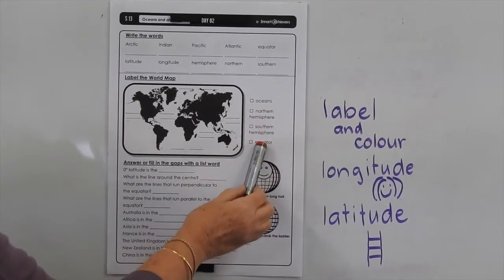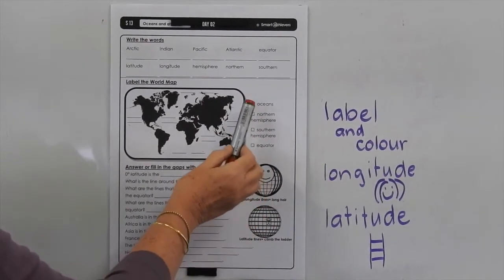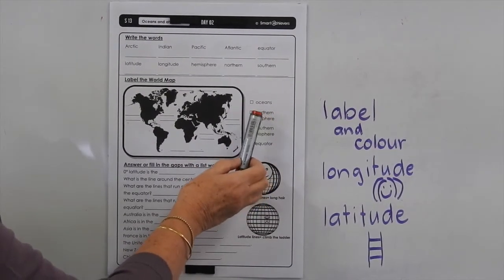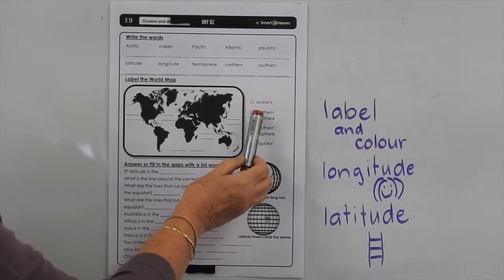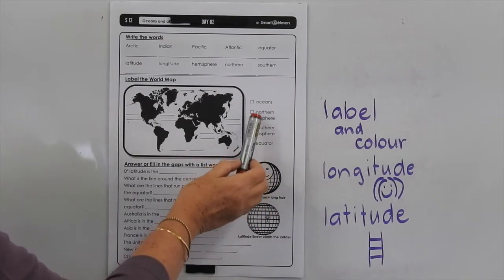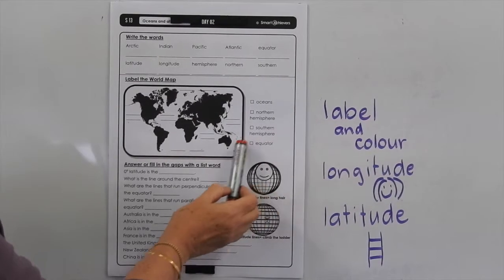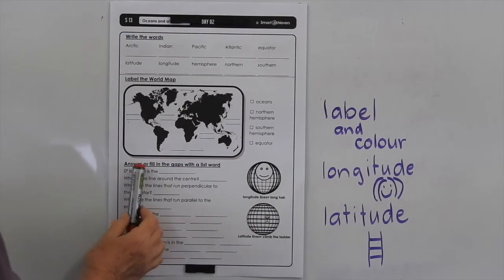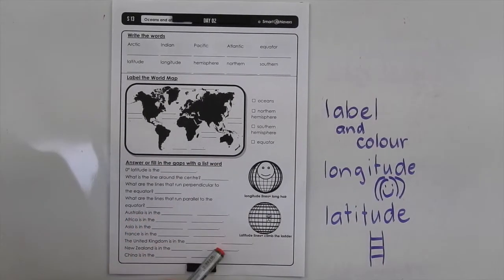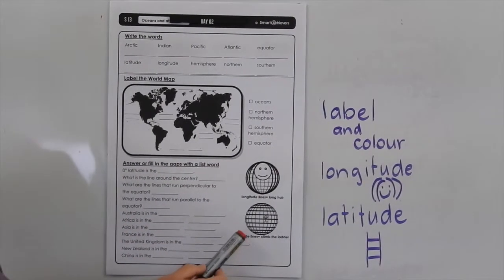Now we've got a key over here for you to colour those areas, so you can colour the ocean areas, colour the northern and the southern hemisphere areas, give them a different colour, put your colours in the key and draw in where the equator would be. Down the bottom you've got to answer or fill in the gaps with the list word, so work your way through those.